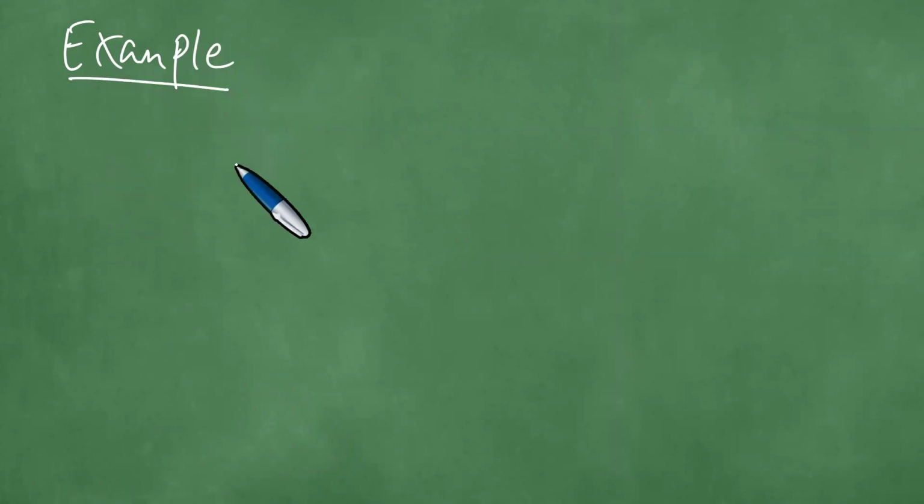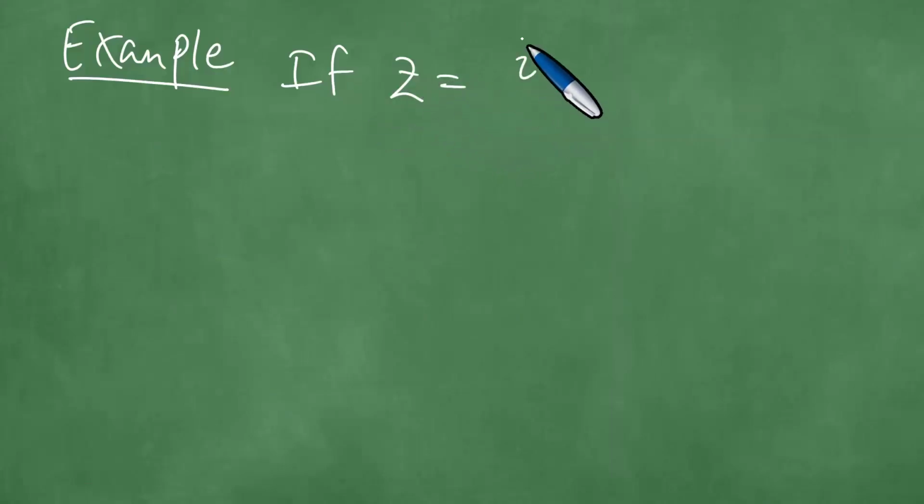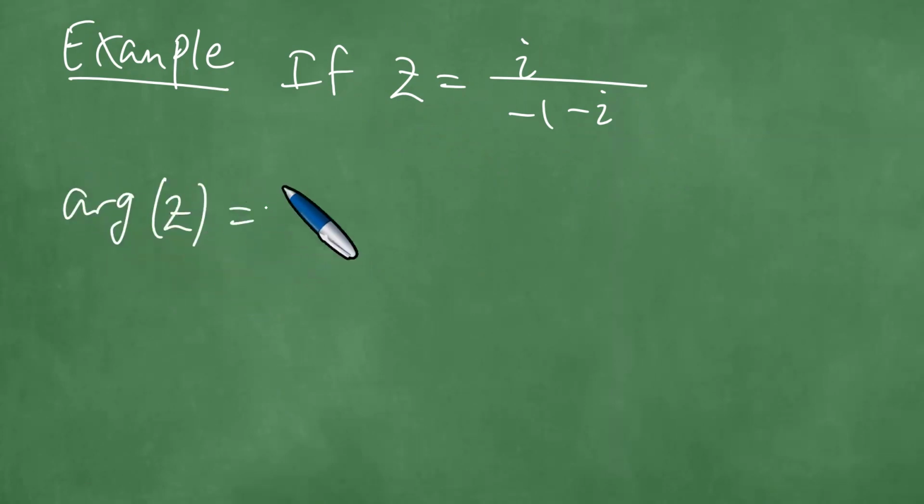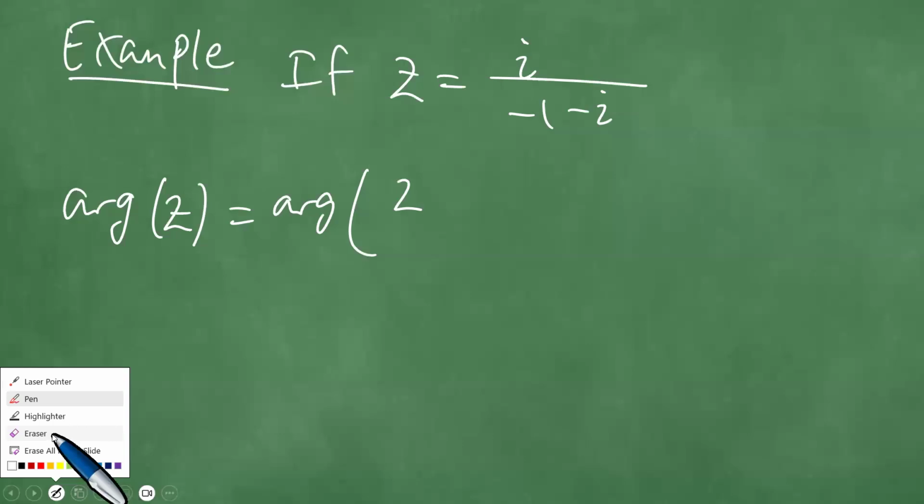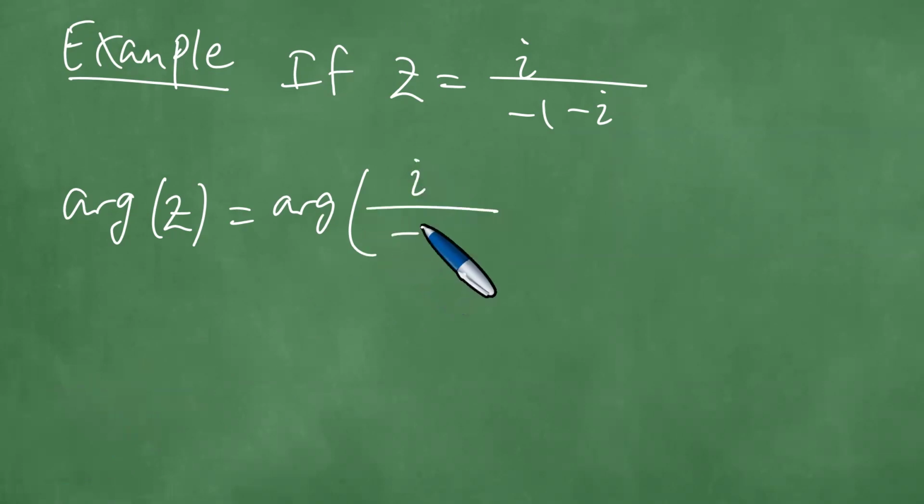For example, if z is i over minus 1 minus i, we can note that the argument of z is the argument of the quotient, or this rational expression, i over minus 1 minus i.